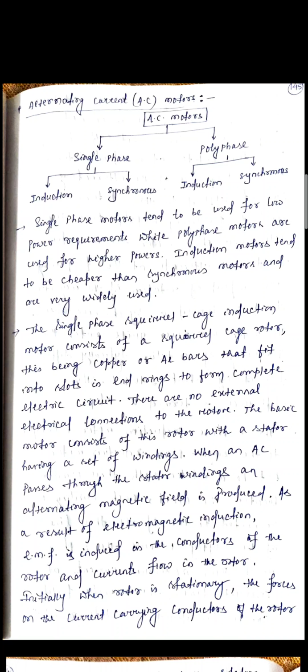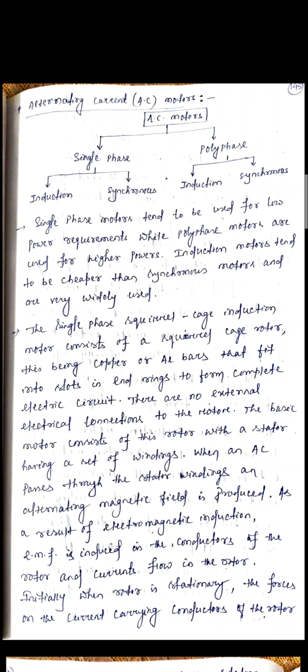When the alternating current passes through this starter, that is the starter windings, from Faraday's laws of electromagnetic induction, an alternating magnetic field is produced as a result of electromagnetic induction.